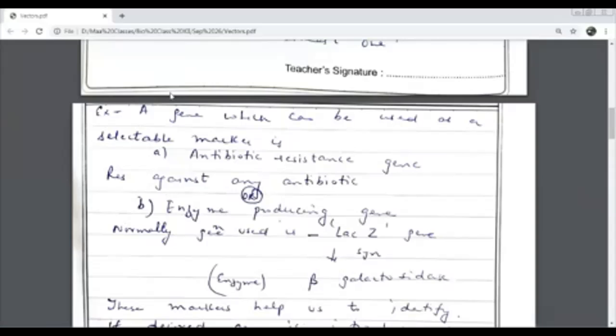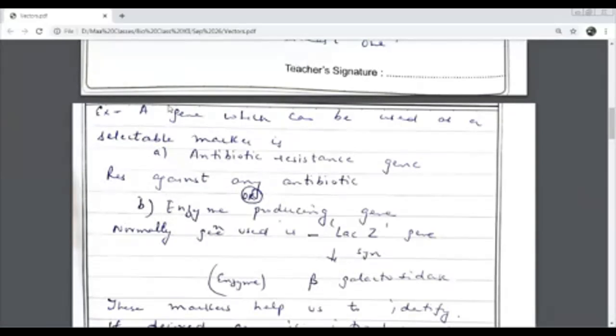For that, I use special genes which are selectable markers. Understood the work of a marker in biotechnology? It will identify your foreign gene after it has entered the host. So let us study about markers. I said the main third quality of a vector is that it should have at least one marker.